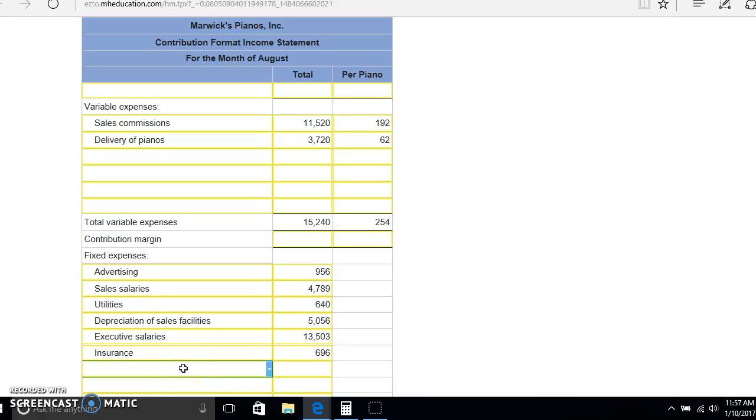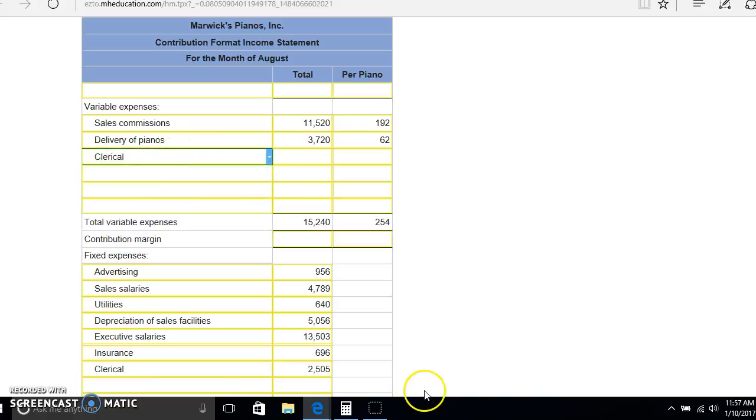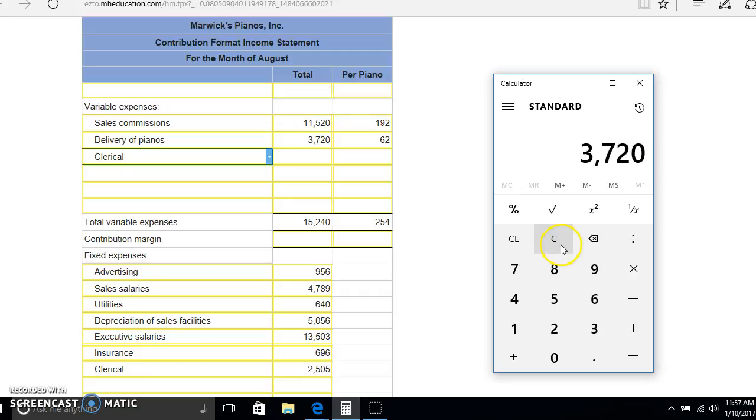Now the next one is clerical. Again, what they said was that there was a flat fee and then an additional $42 per piano. So what I'm going to do is put clerical here and put that flat expense that they had of $25.05. And then up in variable, I'm going to put clerical as well. I'm going to take what they said was the $42 per piano and multiply that by the 60 we sold.